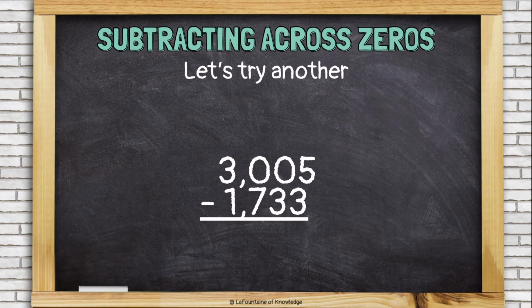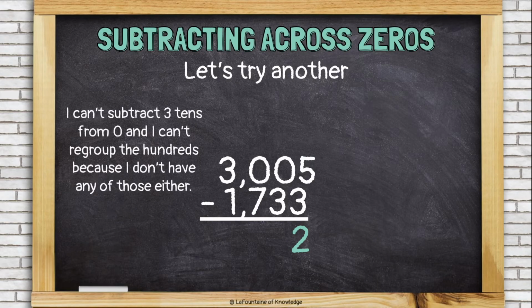Let's try another one. This time I can subtract the ones place. 5 minus 3 is 2. But when I get to the tens place, I can't take 3 tens away if I don't have any tens. I need to regroup. I can't borrow any from the hundreds place because I don't have hundreds either. So I'll need to take away a group of 1,000. That leaves 2 thousands.